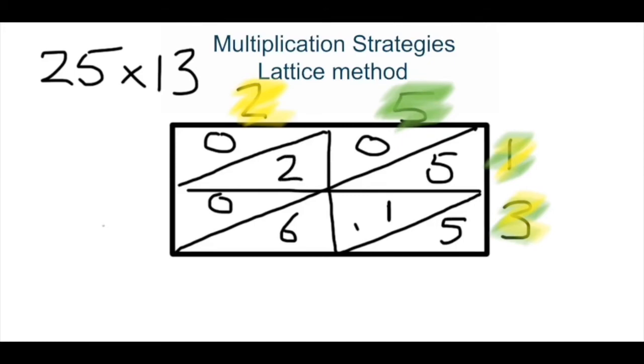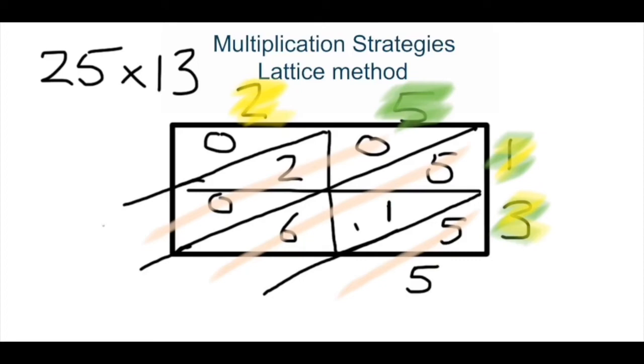Now how we get our answer is if we extend our lines out, you can kind of see they make pathways. So we are actually going to add our numbers along each of these pathways. So in the bottom right pathway, we just have 5.